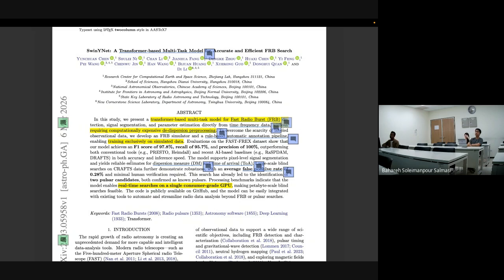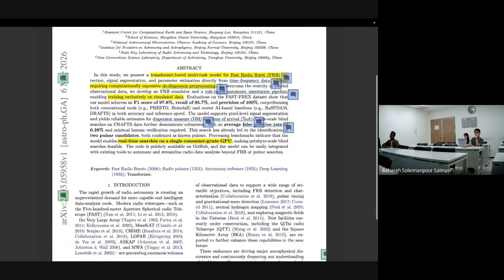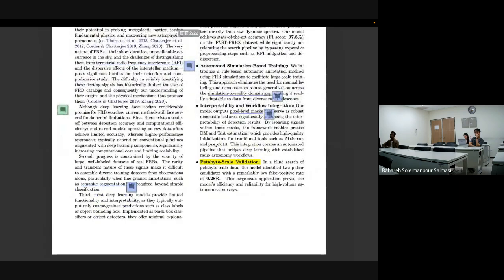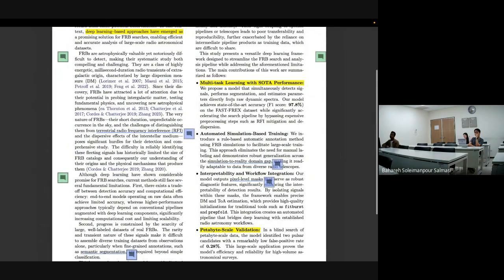It can also reliably estimate the dispersion measure and time of arrival, which has the data in this paper. These are some of the best parts of this method: multi-task learning and automatic simulation-based training.